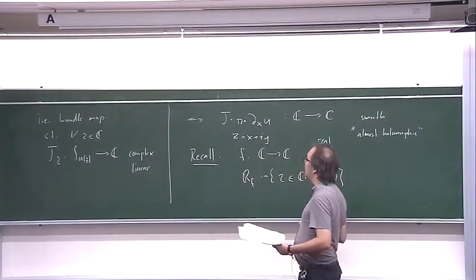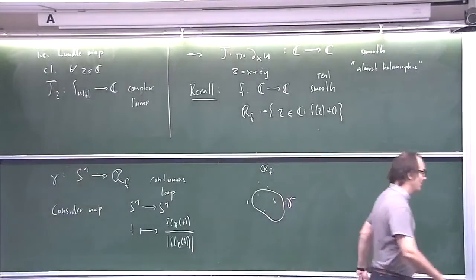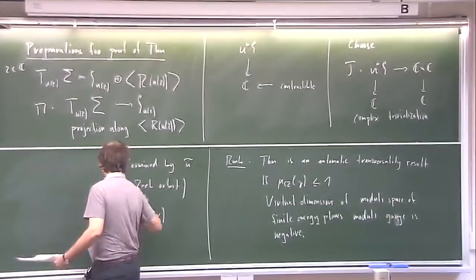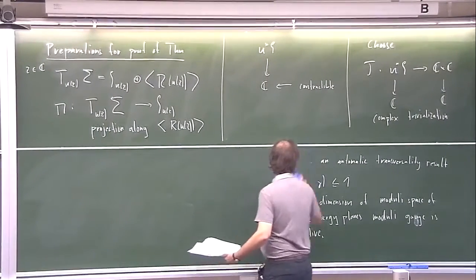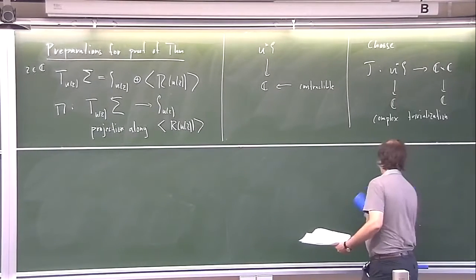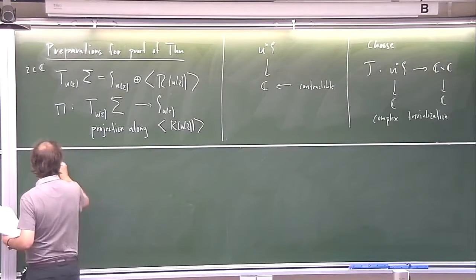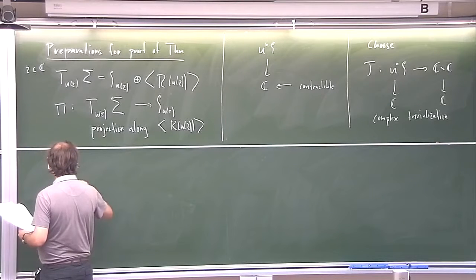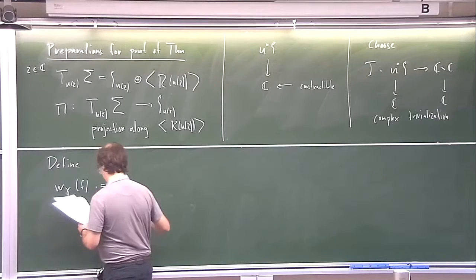We just take the partial derivative in the x direction, where z equals x plus iy. And so define w of gamma and f as the degree of this map from S1 to S1.